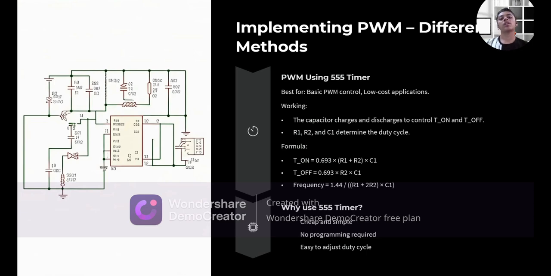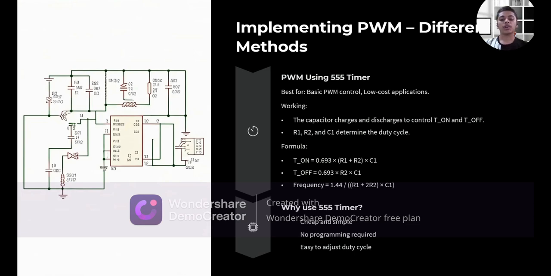Now implementing PWM in different methods. PWM using a 555 timer IC is best for basic PWM control and low cost applications. In working, the capacitor charges and discharges to control T on and T off. R1, R2, and C1 determine the duty cycle.